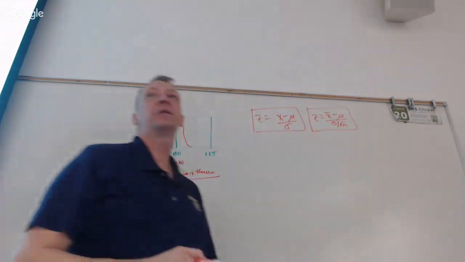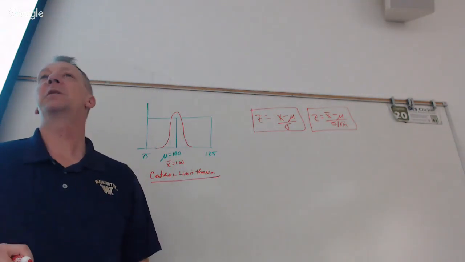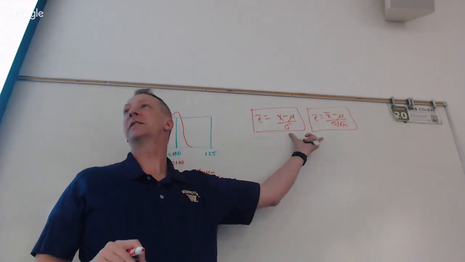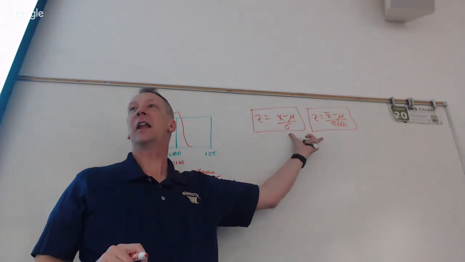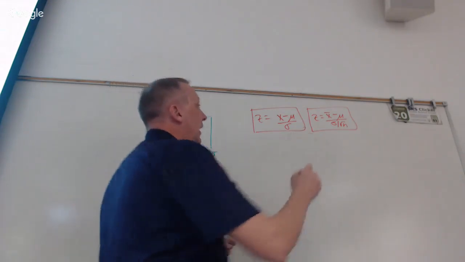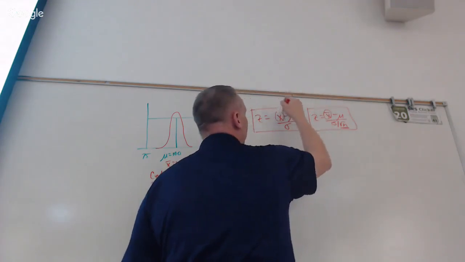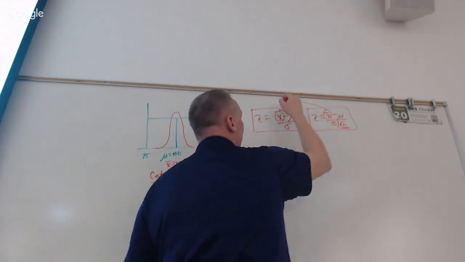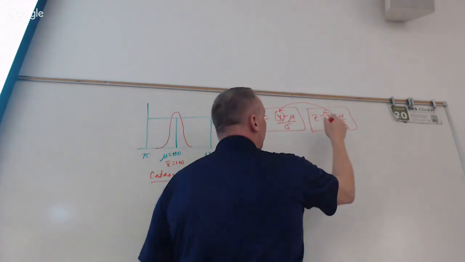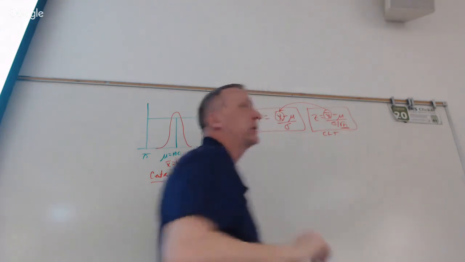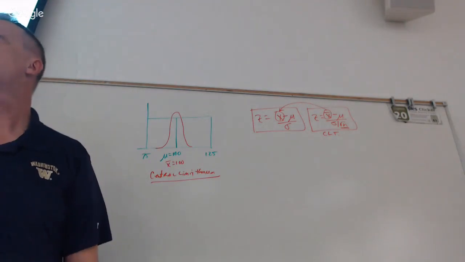I told you previously that n was always going to be 1, and that these two formulas were basically the same. Now notice this time n is not going to be 1, and I'm using x bar rather than x. This one here represents the central limit theorem.